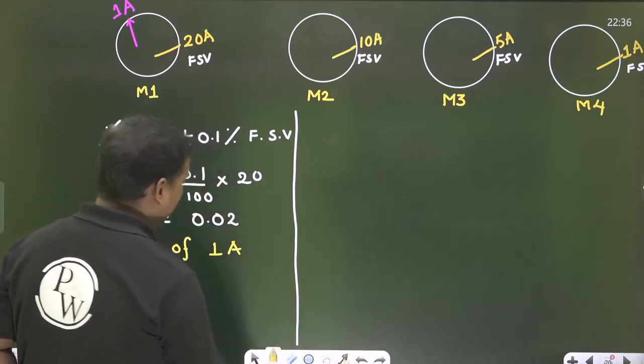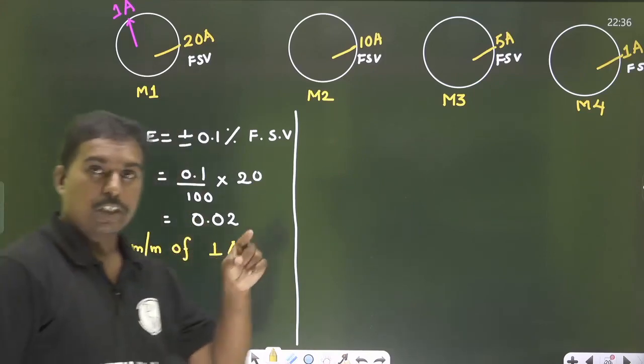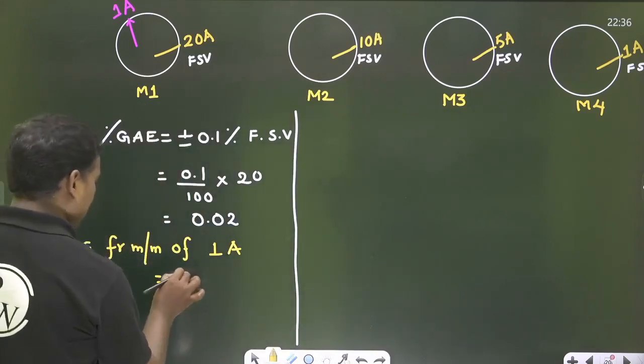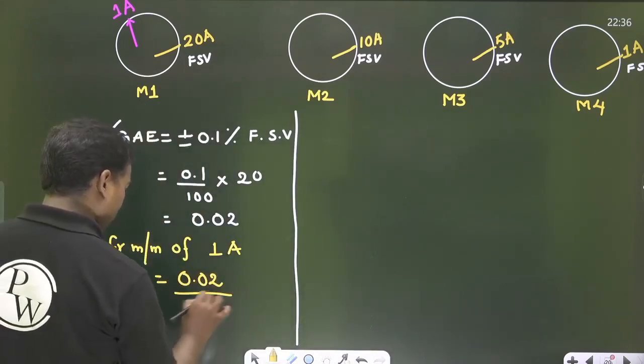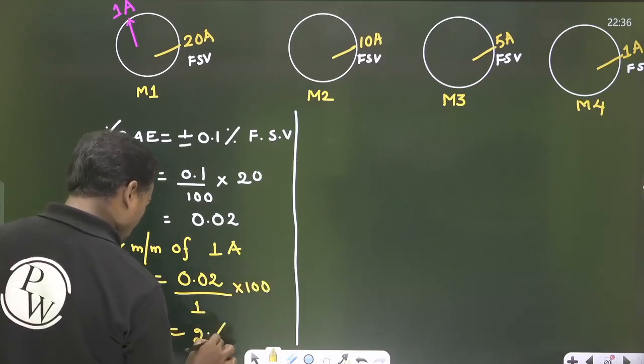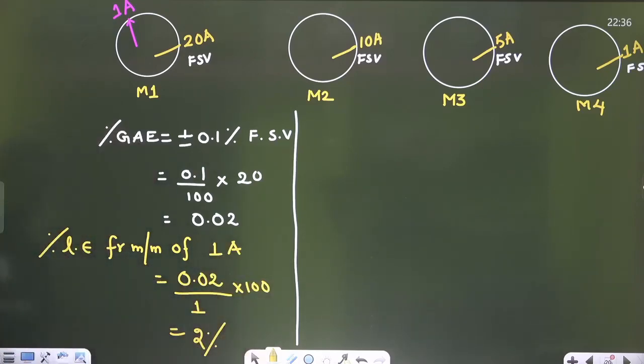Your limiting error is 0.02 for the measurement of 1 ampere. So what is the percentage of limiting error? It is 2%.